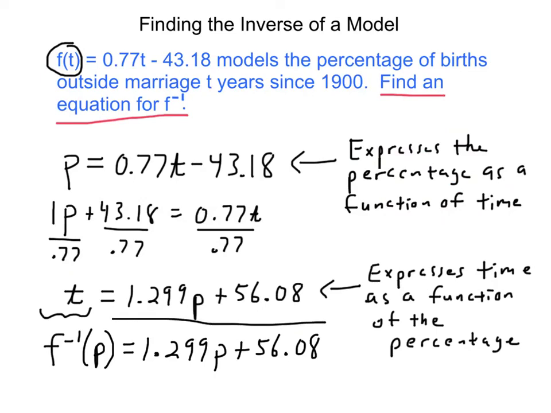And that would be your inverse function. And again, what that would allow you to do is, if you knew what the percentage was, you could calculate the time. This left side really represents the time that it would take for the percentage to reach that amount.